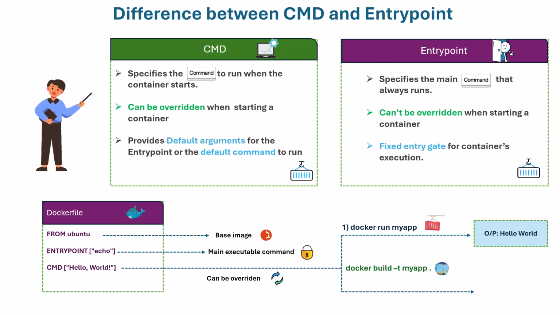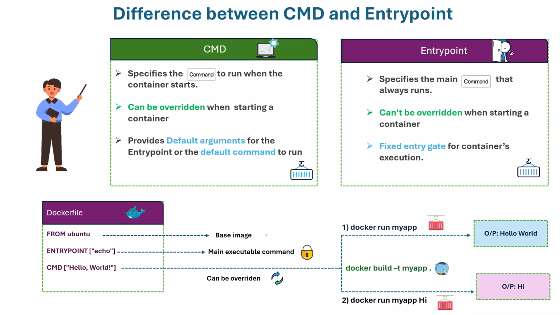The ENTRYPOINT defines the main executable that can't be overridden at runtime. That means it can't be changed, it is fixed. Whereas CMD can be overridden by passing arguments during container execution. For example, running docker run my app hi overrides the default CMD value and produces the output hi.